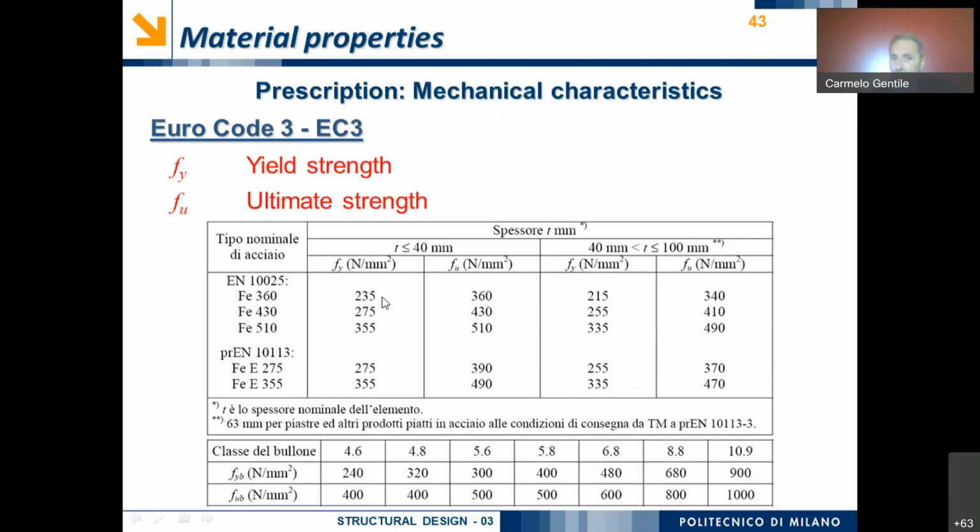For the first one, we have a steel strength of 235 Newton per square millimeter. For the second one, we have 275 Newton per square millimeter, and for the third one, we have 355 Newton per square millimeter. Nowadays, these types of steel are denoted as S235, S275, S355. Okay?